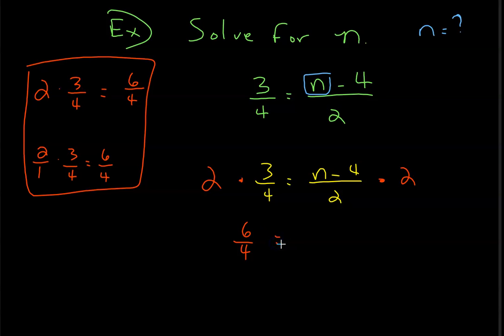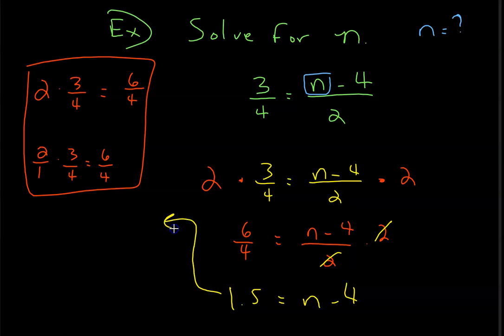That's going to equal, on the right side where we have n minus 4 divided by 2 times 2, the 2's cancel each other out. So that leaves you with 1.5 equals n minus 4. To finish solving this, you add 4 to both sides.